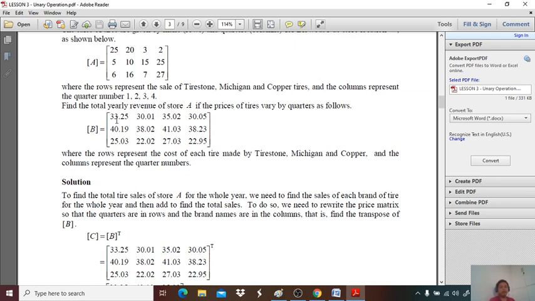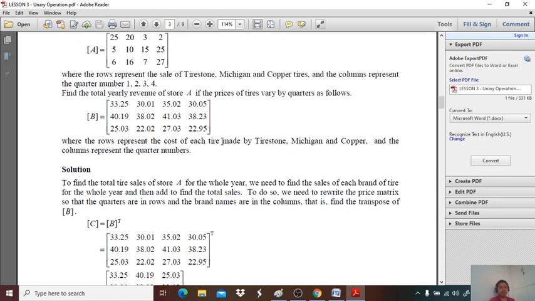So we are going to transpose it so that the number of columns of A will be equal to the number of rows of B. If we transpose B, that is 4 by 3. And for that, we are ready to multiply A times the transpose of B.